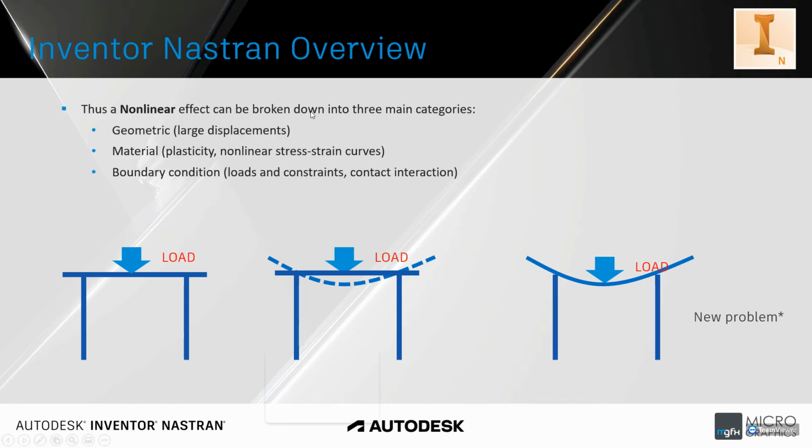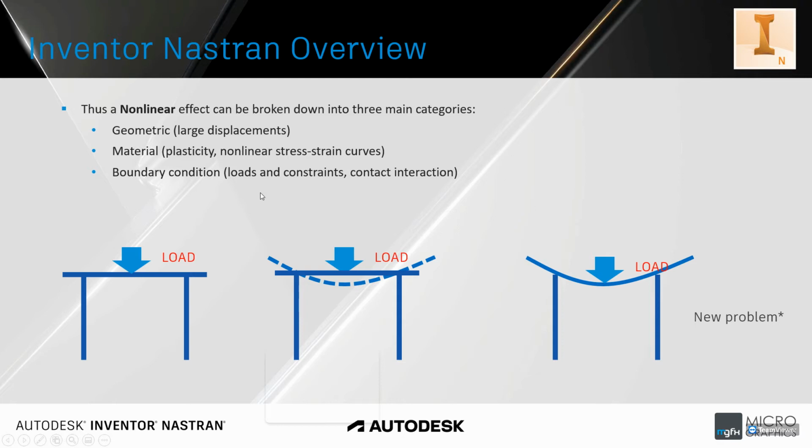Thus, a nonlinear effect can be broken down into 3 main categories. It's basically geometric changes, where you have large displacements, and that changes the problem into a new problem. Material changes, where as you add more and more stress, the material properties don't behave the same way, so nonlinear stress-strain curves.